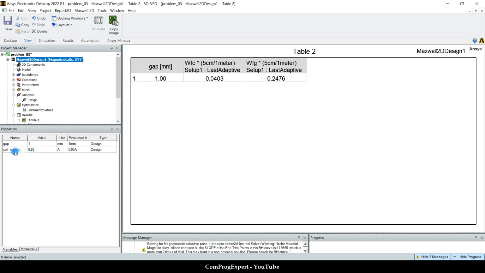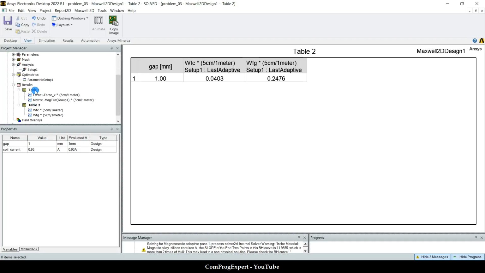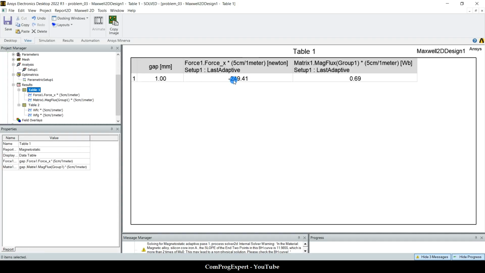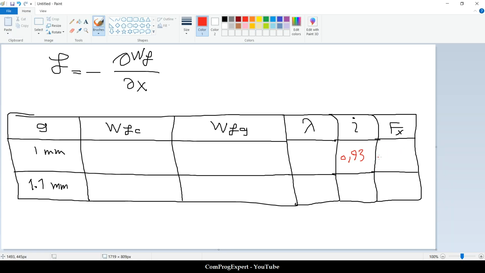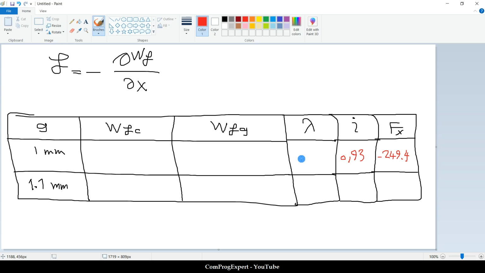The air gap is 1, the coil current is 0.93, the value of the force Fx is equal to minus 249.4 Newton, and the value of the flux linkage is 0.69.